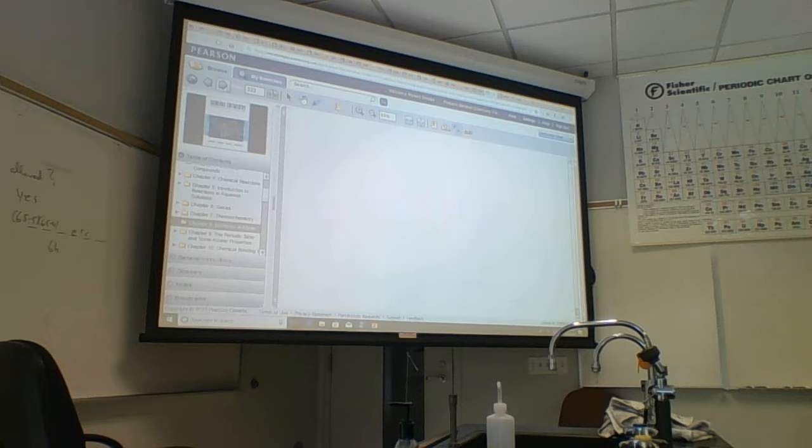Same stuff. Wave particle duality, Heisenberg. This Heisenberg guy. Waves. Quantum mechanics.